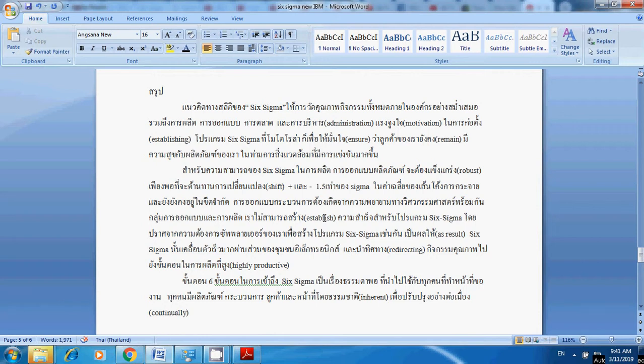We cannot establish the success of our Six Sigma program without requiring our suppliers to create Six Sigma. As a result, Six Sigma is rapidly propagating through the electronic community and redirecting quality activities to be highly productive.